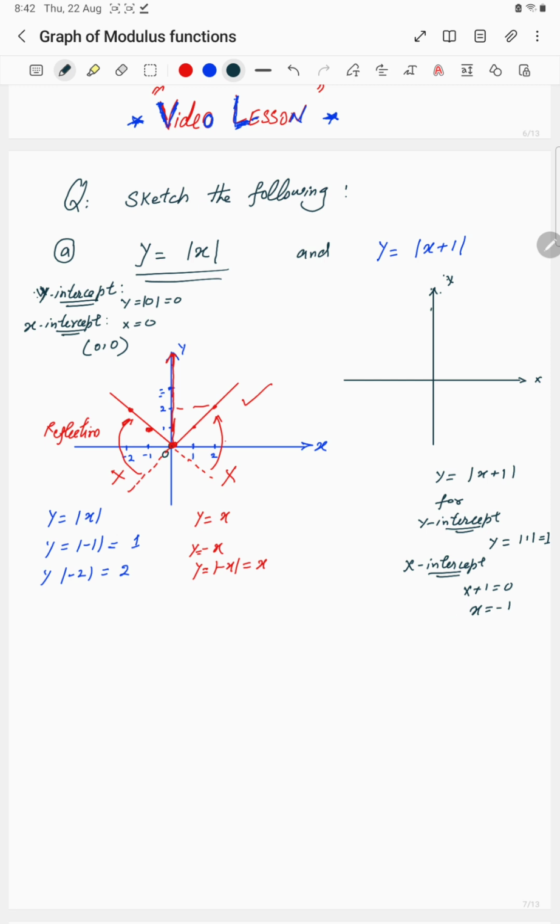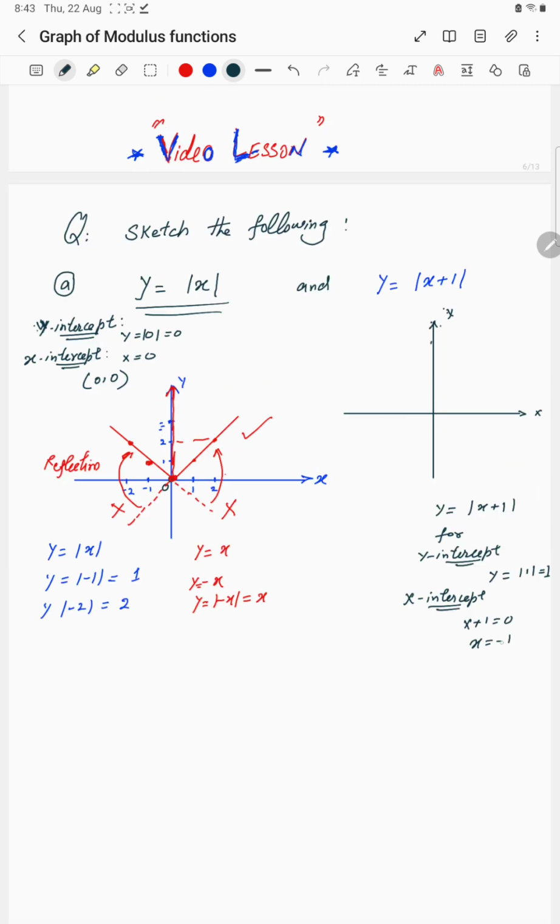This plus 1 with the x is a case of transformation that moves the graph to the left of the origin along the x-axis. So the x-intercept will be (-1, 0), and the y-intercept will be (0, 1).